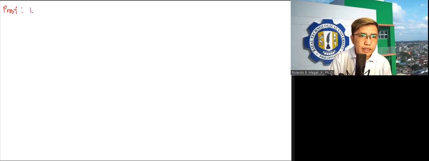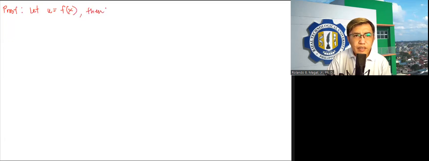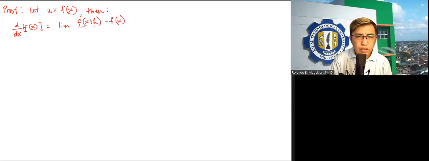So let u be equal to f of x. Then we have d over dx of f of x. I will be using the definition, the limit of f of x plus h minus f of x all over h as h approaches 0.